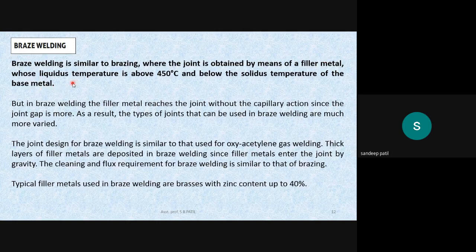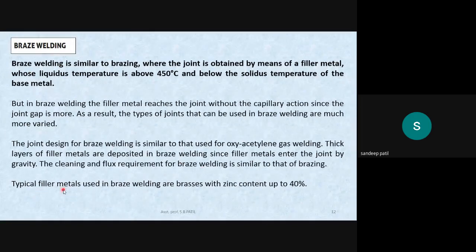But in brazing, the filler metal is melted and the solid base metal is not heated. In braze welding, the filler metal is melted, that is above 450, and somewhat heat is applied to the base metal, but below the solidus temperature. Also in brazing, the filler material acts on that particular joint due to capillary action, and in braze welding, the filler metal reaches the joint without capillary action. So these are some of the differences between brazing and braze welding.